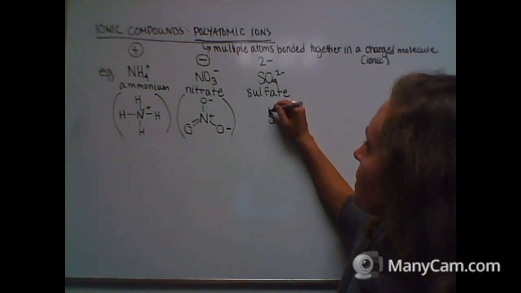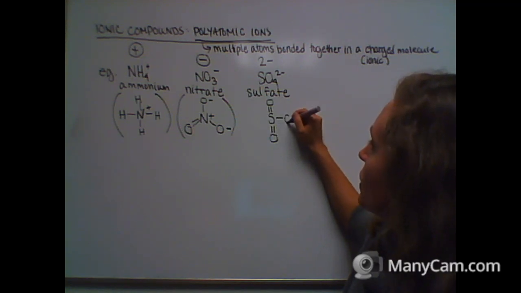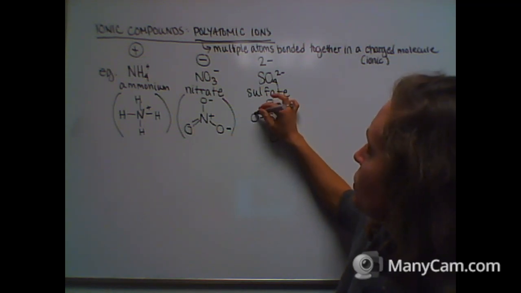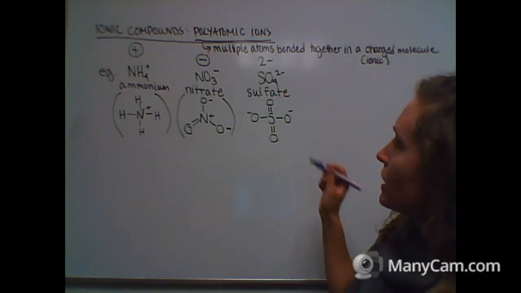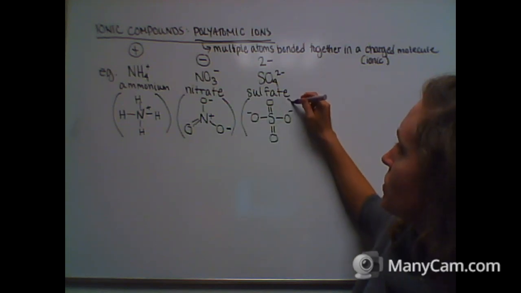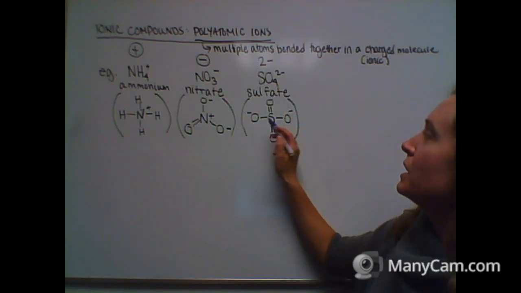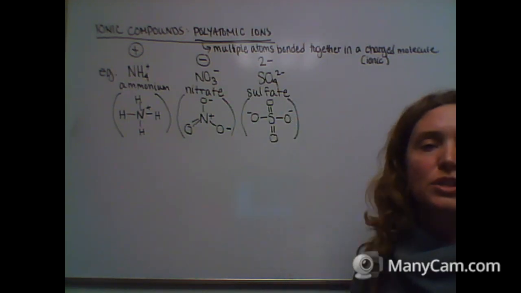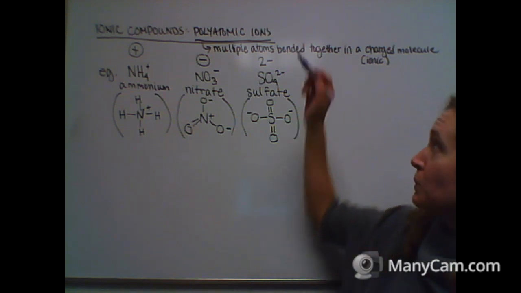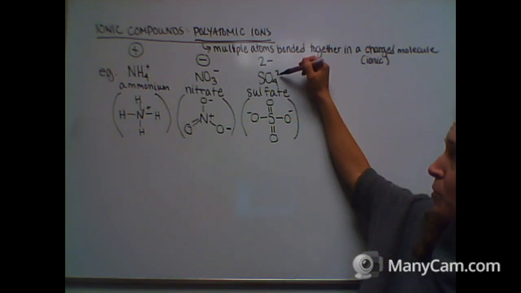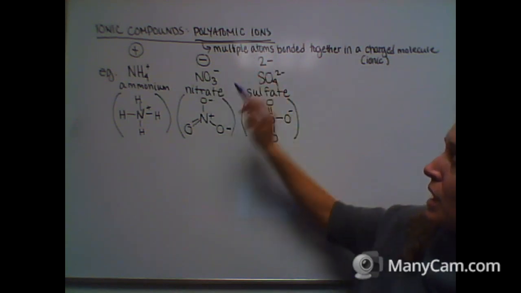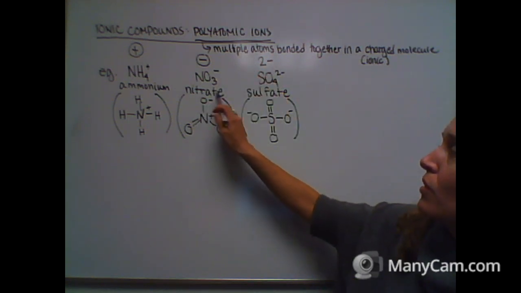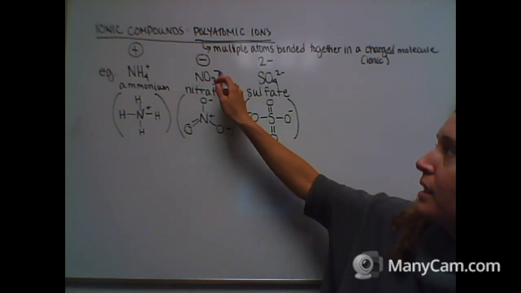Sulfate looks like this, with the sulfur bonded to 4 oxygens, and each of those oxygens has a negative charge. Each of those singly bonded oxygens has a negative charge. Okay, so that's where the overall charge of 2- comes from up here, right? Up here, nitrate, 2- charges and 1+ charge. Overall, the charge of nitrate is a -1.